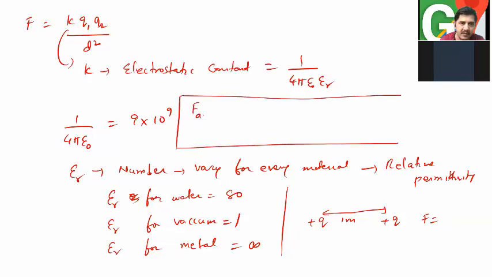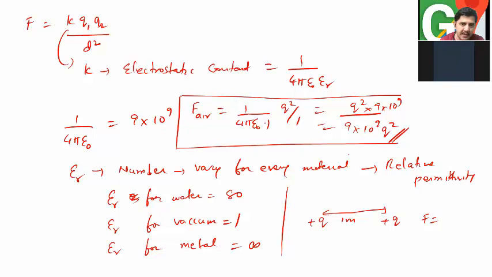The force between the two charges, F air, is equal to 1 by 4 pi epsilon naught into the value of epsilon r for air, which is 1, into q square divided by 1 square, since I kept it at 1 meter. So the answer is q square into 9 into 10 to the power of 9, because 1 by 4 pi epsilon naught is 9 into 10 to the power of 9. This should be your value for the force between two charges when kept in air.